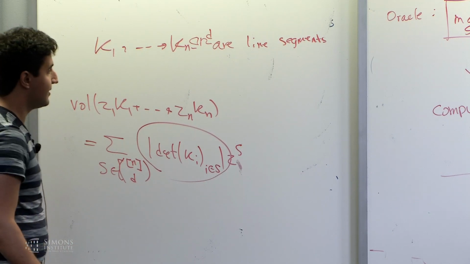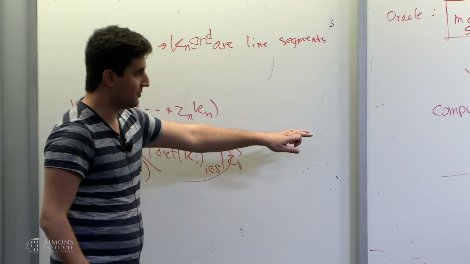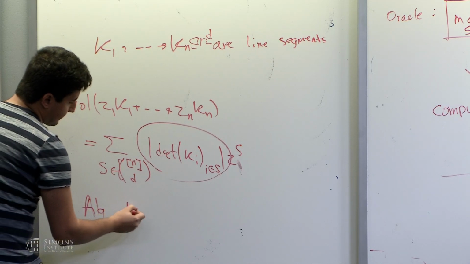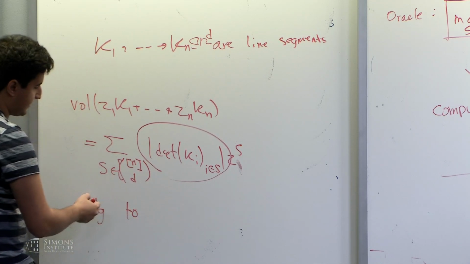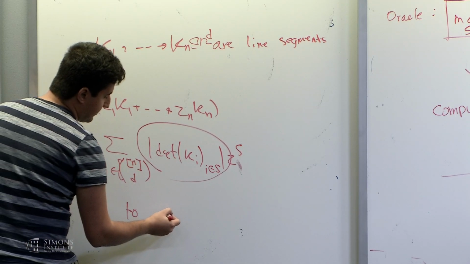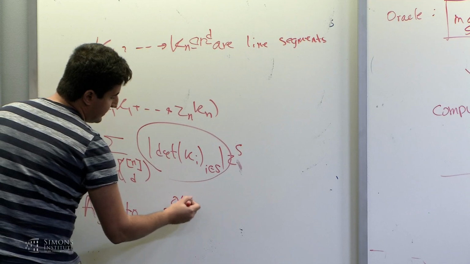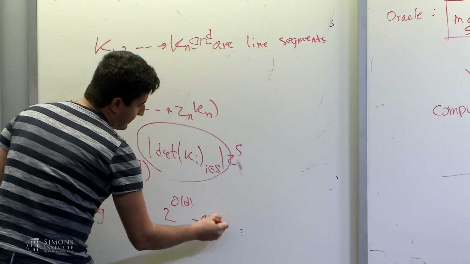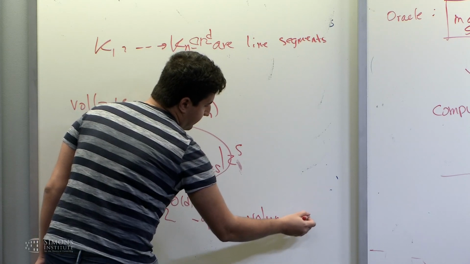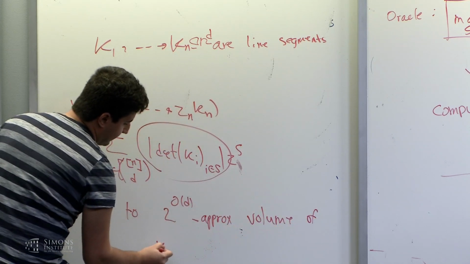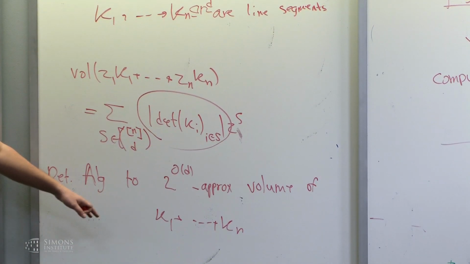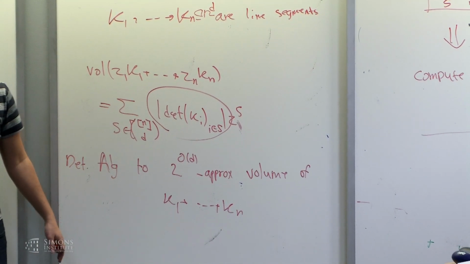So this goes through, and in the end you get a deterministic algorithm to compute a 2 to the O of D approximate volume of the Minkowski sum of K1 through Kn, which is what's known as a zonotope, right?